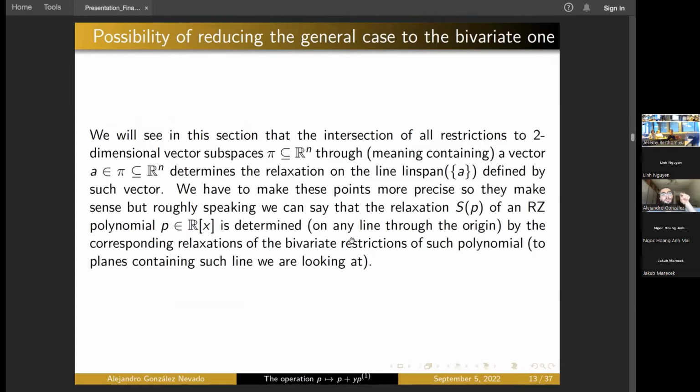But now we want to prove the fact that the relaxation is never improved by this operation, but for more variables in the general case. We are going to be able to do this because it is possible to reduce the problem to planes.